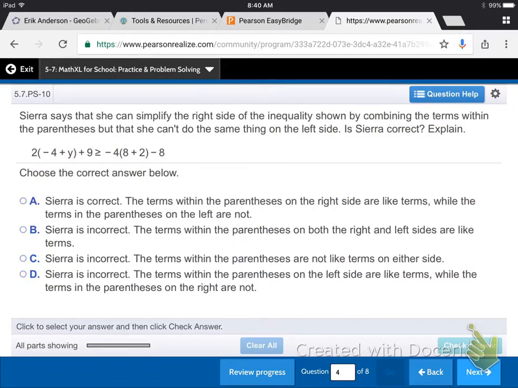Moving right along, this problem gives you an inequality and asks, is she correct? Sierra says that she can simplify the right side of the inequality. So let's make our dashed lines right here, separating the two sides of our inequality.